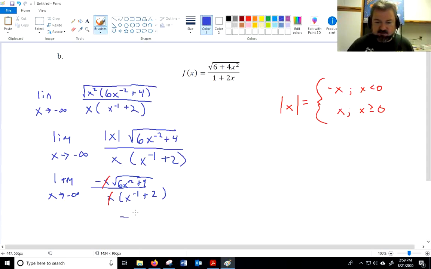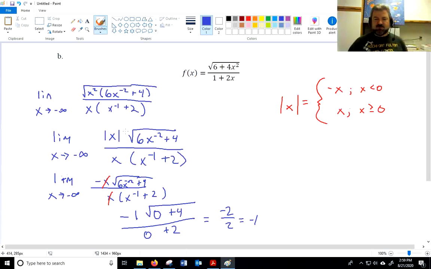I get negative 1 times the square root. That's a negative 2, remember? So that's a 0 plus 4 over 0 plus 2. Now the square root of 4 is 2. So this is a negative 2 over 2. This is a negative 1. So the answer to this limit is negative 1.